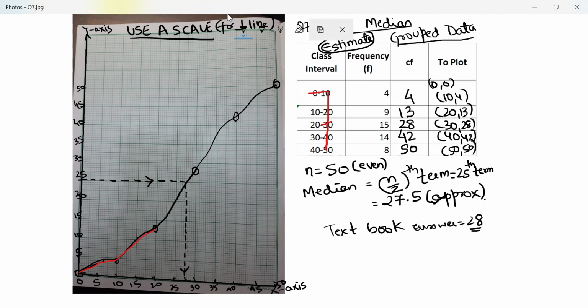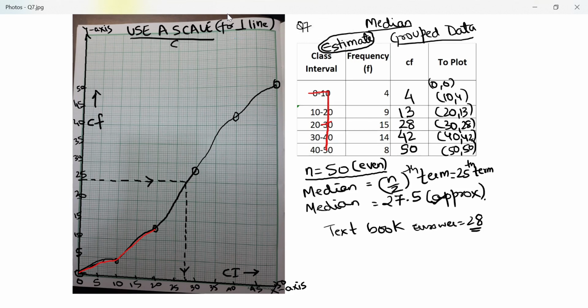Your answer will always be an approximation because this is an estimation. The key thing to note here is that even if n is even, all you need to do is divide by 2 and take that term. When we do an ogive, we need to write what we plotted. On the x-axis, I have less space, so I'll write here: I have plotted class interval, and here I have plotted the cumulative frequency.